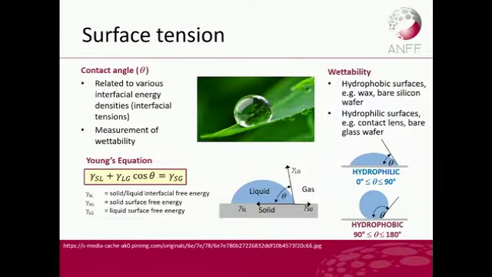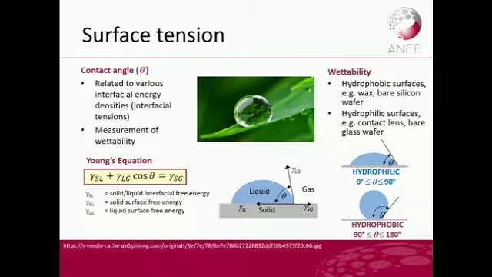Another aspect of surface tension that we need to look at is contact angle. Contact angle deals with how the interfaces see each other. The contact angle is the angle at which you take a tangent line from the point where the three phases meet. It's a measure of wettability, so how hydrophobic or hydrophilic a surface is.